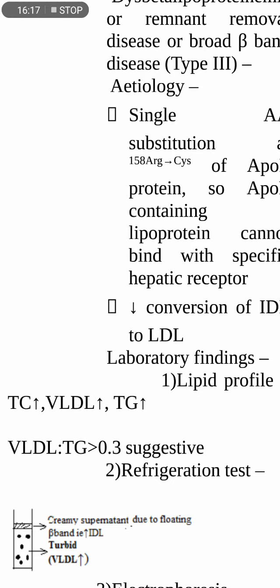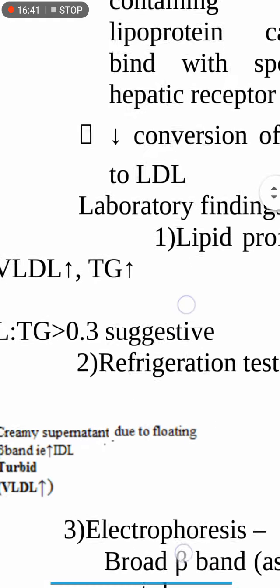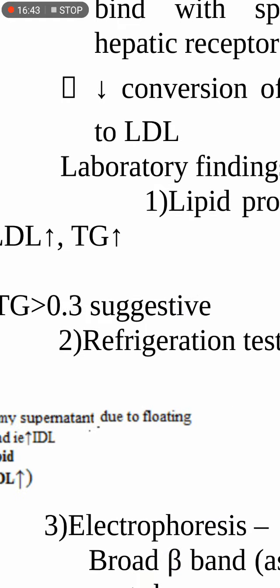Then the refrigeration test. In refrigeration test, as the VLDL level increases, you get the turbid serum, and in the top of the turbid serum, you get the creamy supernatant due to the floating.